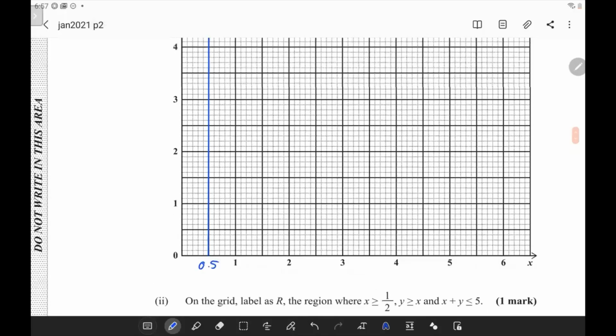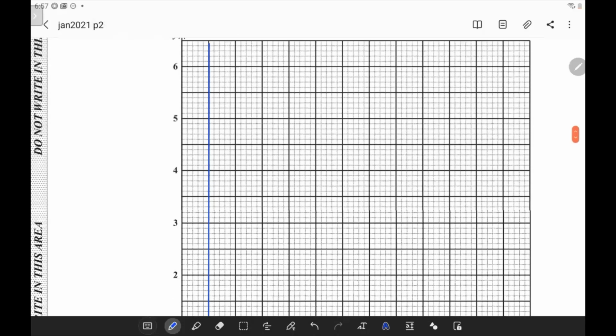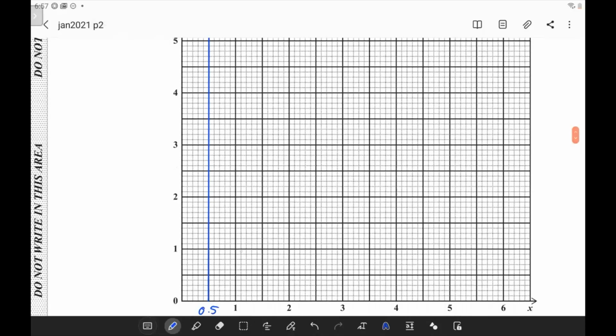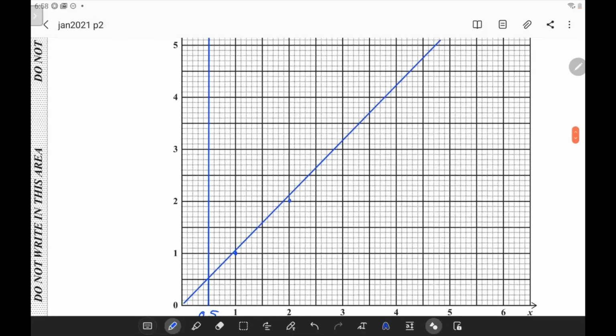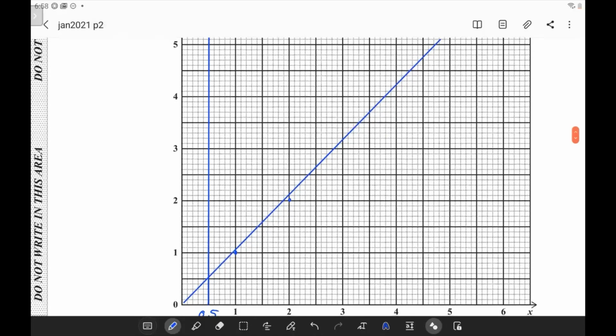Now they want us to draw the line y equal x. Y equal x is a straight line, so whenever x is 1, y is 1, whenever x is 2, y is 2, and so on. So it's a 45-degree line passing through the center like that. Let me just fix it.